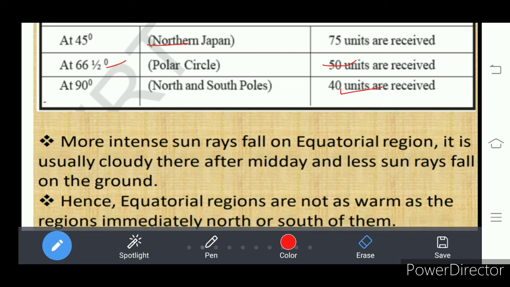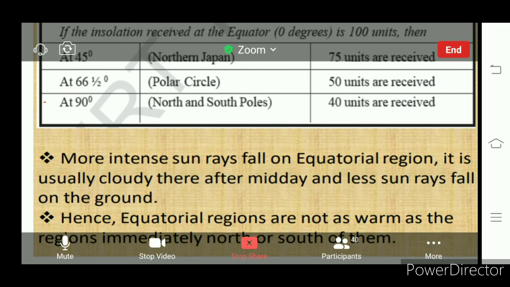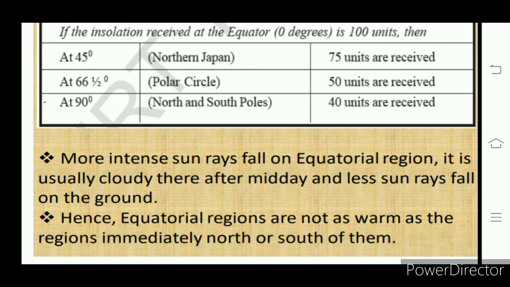So where insolation is high, it is at Japan. So there the temperature is higher than the polar circles, that is Arctic Circle and Antarctic Circle, and North Pole and South Pole. Understand? So insolation received on Earth depends on the latitudes, right?